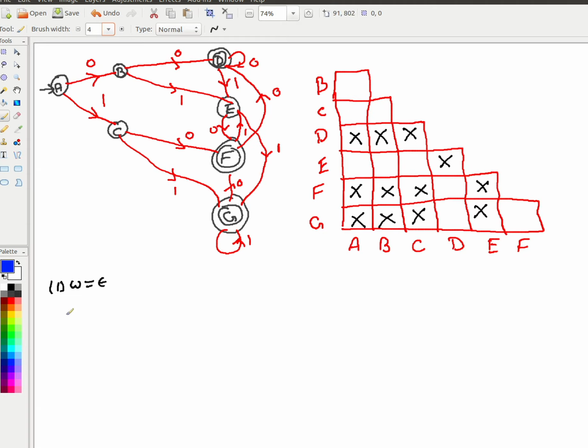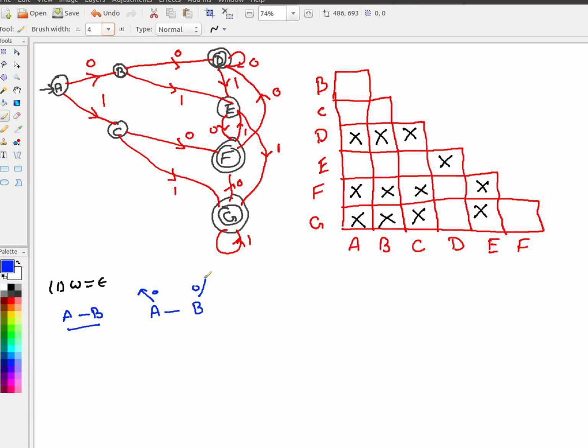So the first one is A and B, correct? For AB, can we find a symbol such that it is distinguishable using the inductive step? If I take 0 for both of them, where do I go?